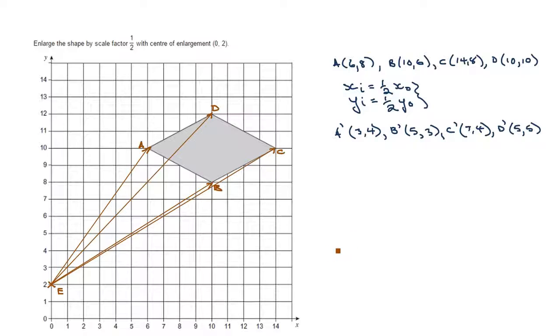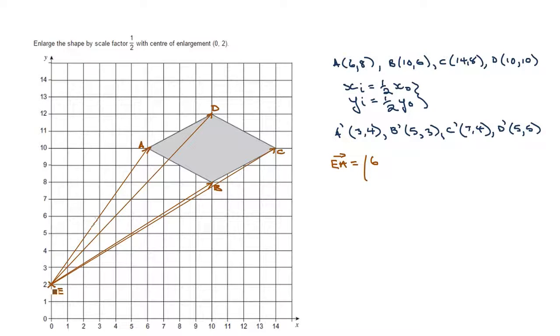Now what I'm going to do is, let's keep with the same colour pen so you can see the difference between these two methods. So we've got E to A. Well, we need to be careful when we're looking at the y component, but the x component, the first component if you like, of the vector is going to be the same as the x-axis. So 6 along is going to be our first component of that vector. 6 along then, and not 10 up, because we've got to subtract 2.